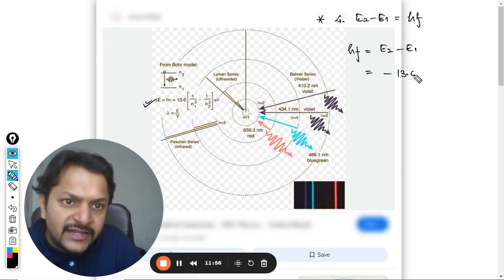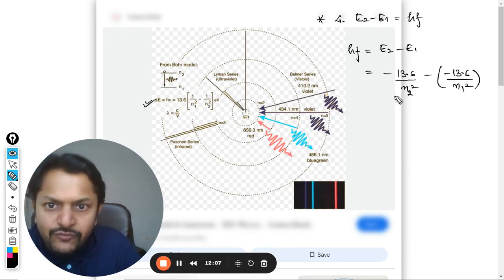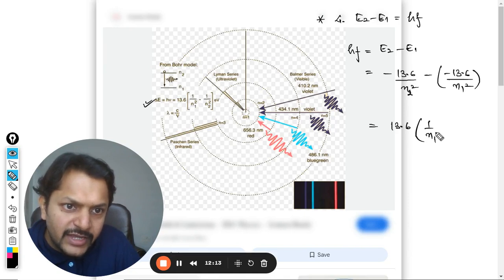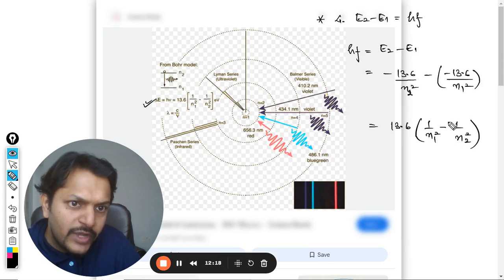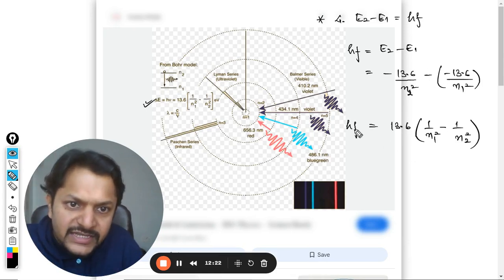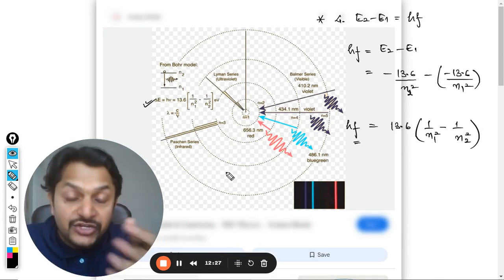Energy is written as negative 13.6 divided by n squared. So you can write it as n2, and here you can write it as n1, and accordingly you can create this formula for yourself. So 13.6 times (1 by n1 squared minus 1 by n2 squared), because the negative and negative are going to cancel each other. This becomes the formula if you want to find the frequency of whatever radiation will be emitted.